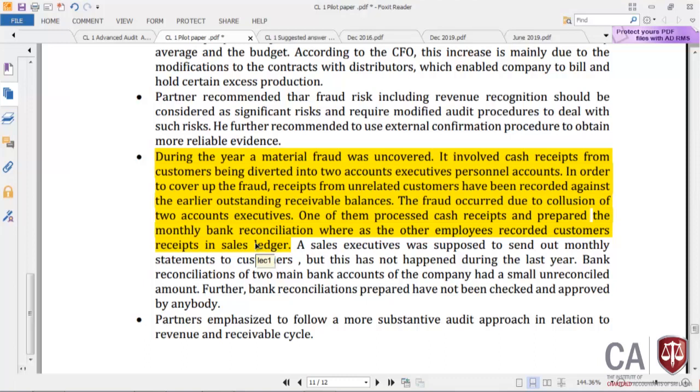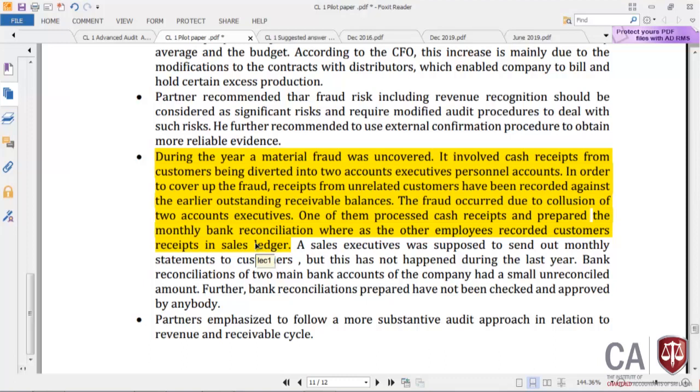Therefore, most organizations and most of the world's internal control experts recommend rotating the people. You might have seen in your organization when you are working, the subject is changed. Sometimes one year an account executive will be doing the payroll, another person will be doing something else, so it will be interchanged. In these circumstances, if the organization had implemented rotation of the subject areas where the account executives are engaged, this fraud could have been discovered in advance.